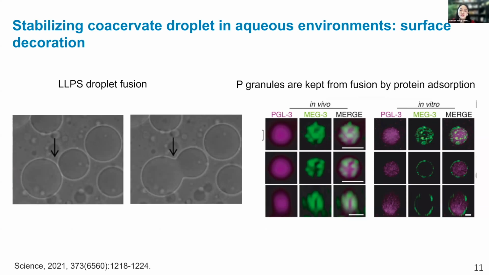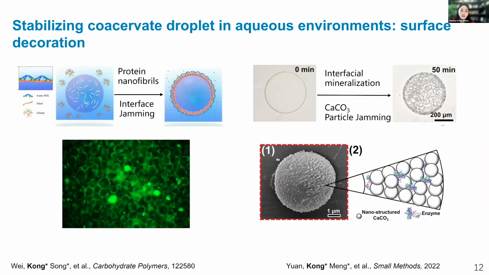Borrowing this strategy, we also introduce particles to the water-water interface. The key requirement is that protein particles have to possess suitable surface properties to anchor themselves at the aqueous-aqueous interface. If they bind too strongly to either phase, they will get excluded or engulfed instead.